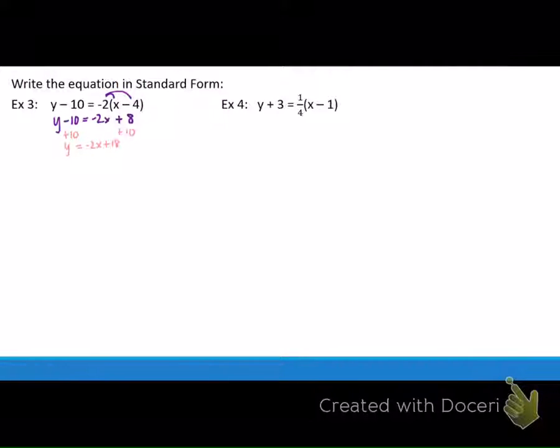What would you do? You've got to get x and y to the same side. So you want to move that x over to the same side. So how can you move negative 2x to the other side? Inverse of subtraction is? So you're going to add 2x.